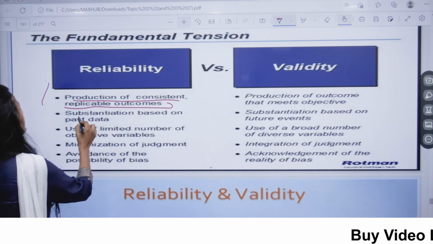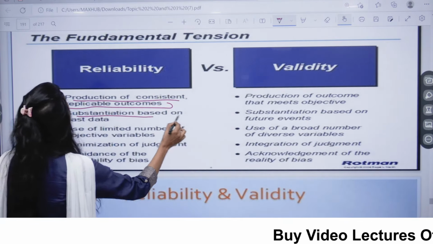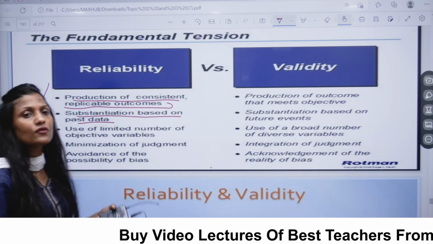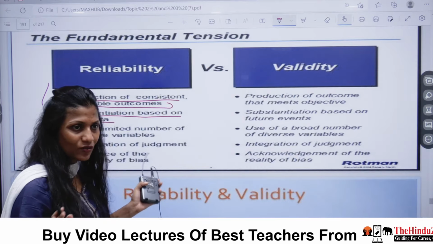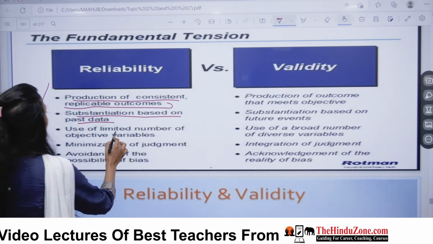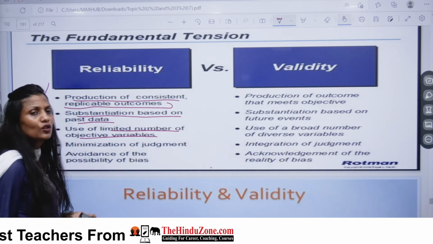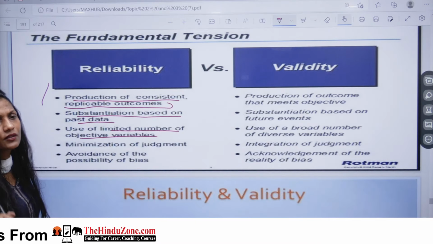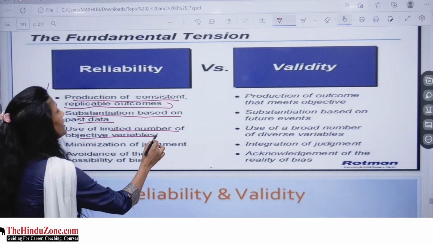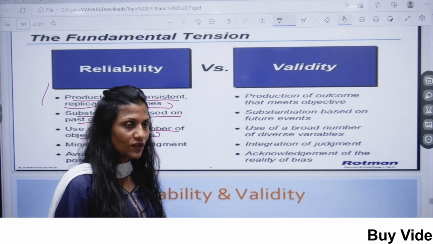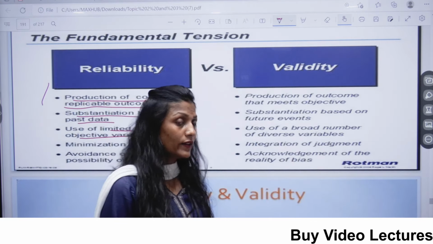Substantiate based on past data, so we prove our points on the basis of our data. Use of limited numbers of objective variables, so we will have limited variables. I'll explain these variables in the answer writing session if you all join that.